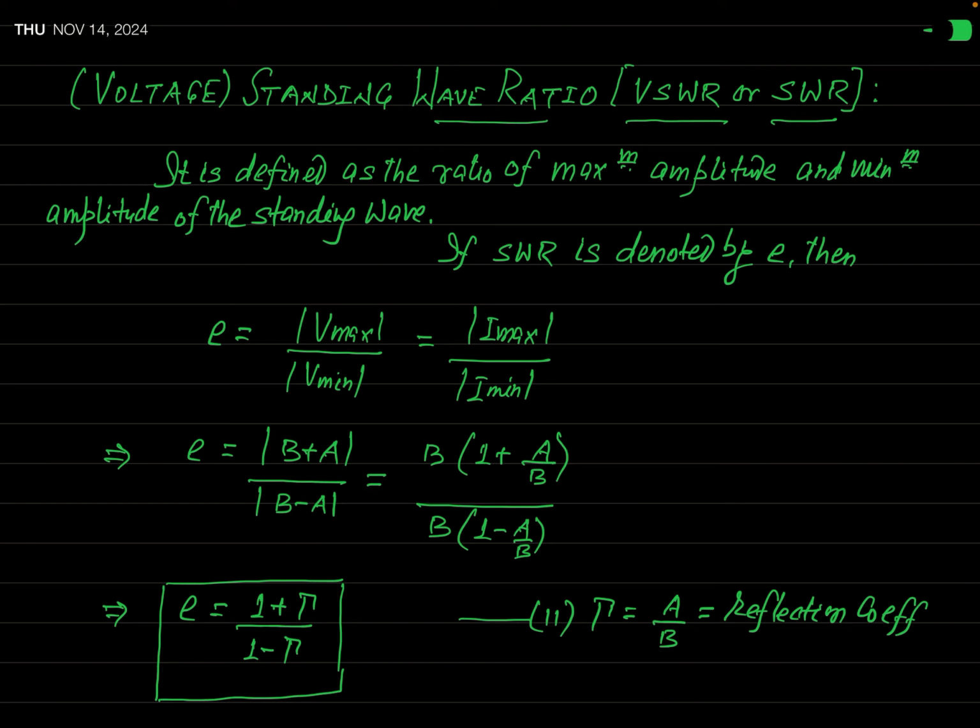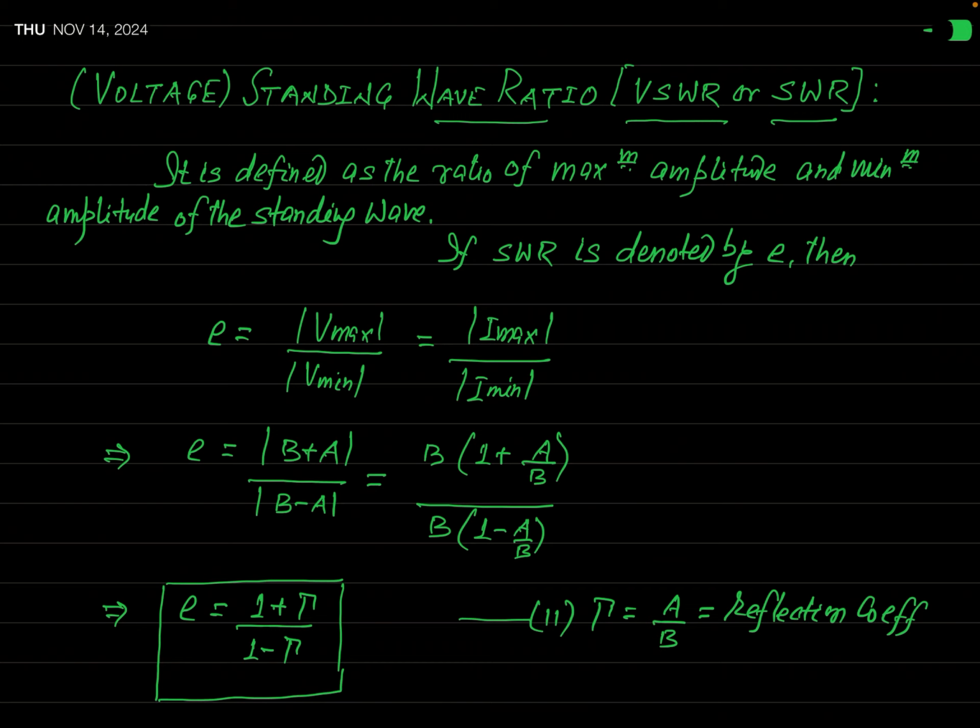And as I told you in the beginning of the lectures on this transmission line, we will discuss this transmission line not in terms of electric and magnetic fields, but in terms of voltage and current. So here voltage behaves like a wave function. So this standing wave ratio is also called the voltage standing wave ratio.